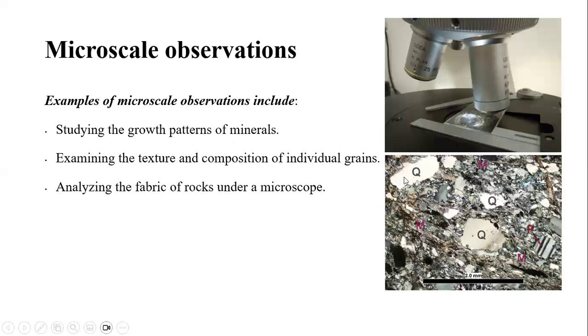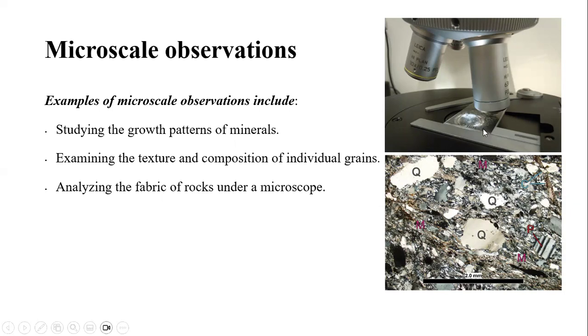Yes, you can now see we are looking at different minerals. Here we see plagioclase, here we see quartz, here we see the muscovite, and we are at the scale of 2 millimeters. You know, it's a smaller scale. Your eyes will not be able to see what's below this thin section.